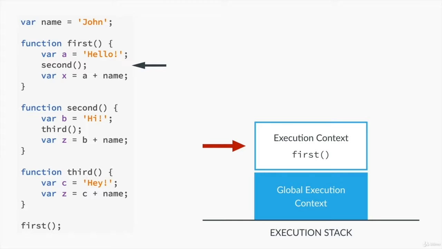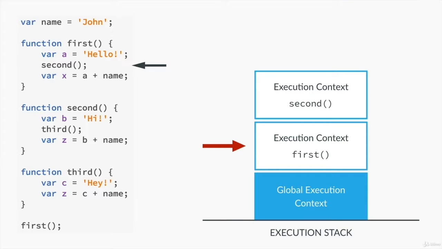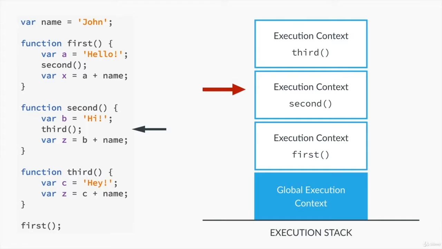And now we call the second function, and I'm sure you can guess by now what will happen, right? So once again, a new execution context will be created and put on top of the execution stack. And here we go, this is now the active context. Okay, so now variable b is stored in this new execution context. And now we call the third function. And once more, a new execution context is created and put on top of the stack, as we already know.